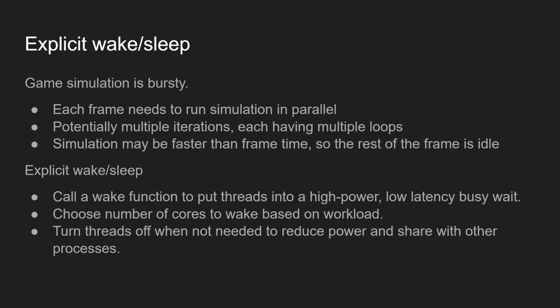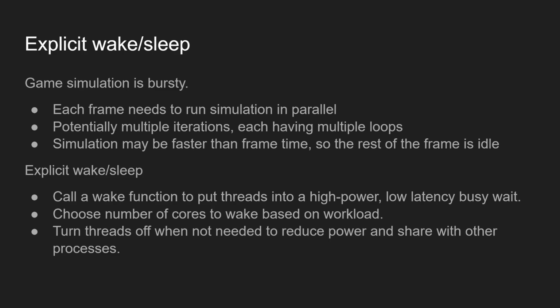The way that I deal with this type of computational pattern is to have explicit wake and sleeping calls. So before I'm going to be doing parallel work, I call a wake function to put the threads that are going to be doing work into a high power, low latency, busy wait, where they're burning cycles to pull work off as fast as possible. Depending on the type of workload, I can choose to wake different numbers of cores. If there's something that's more throughput sensitive, then I can wake all of the cores.